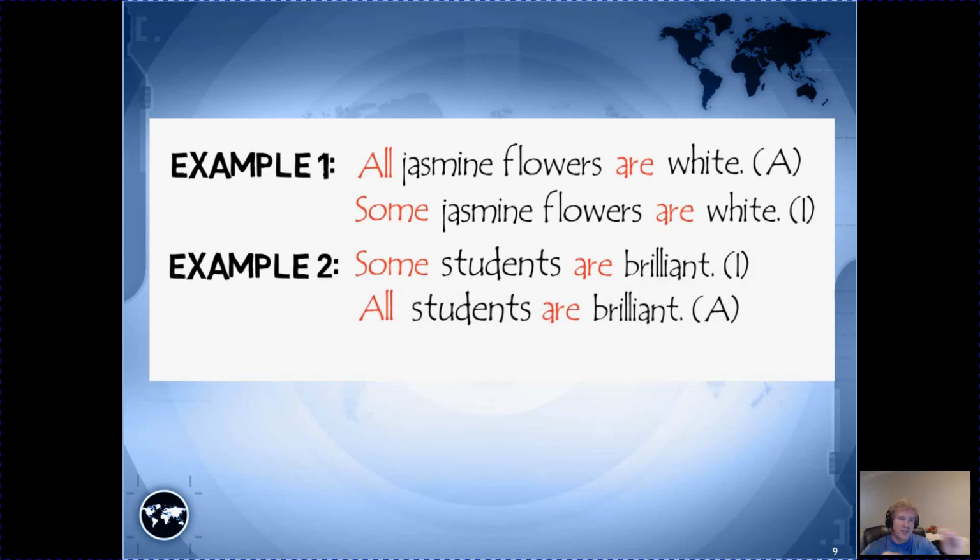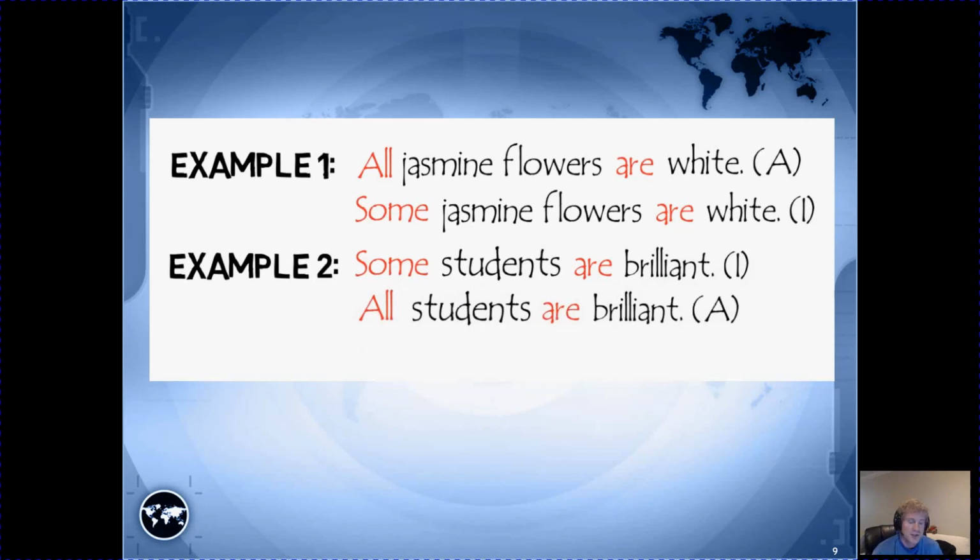So now we're mixing them up. You know, the first one, it was all, everyone, or no, or nobody. The second one was some, or few. This one with subalternation, we're mixing them up. We're mixing the universal, all students are brilliant. All of them are brilliant. And then we're saying, oh, wait a minute, but there's a second statement. Some students are brilliant.